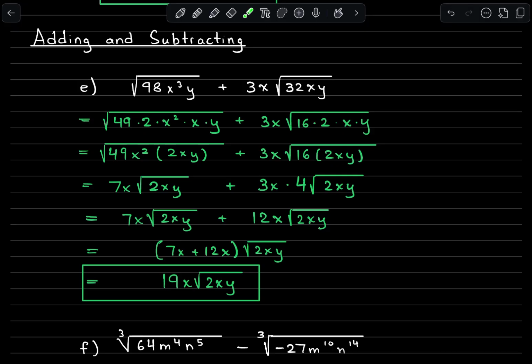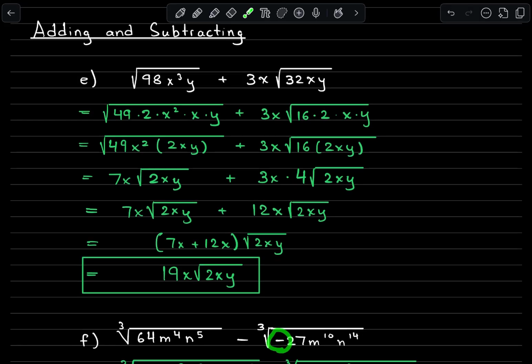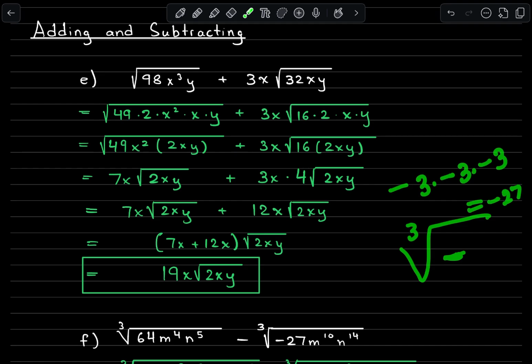Now, when we see a negative underneath a radical, some alarm bells should be going off, right? Because if we have a negative inside of a square root, that's going to cause a problem. We cannot take the square root of a negative number. But you can take the cube root of a negative number, because a negative number multiplied by itself 3 times will give you back a negative number.